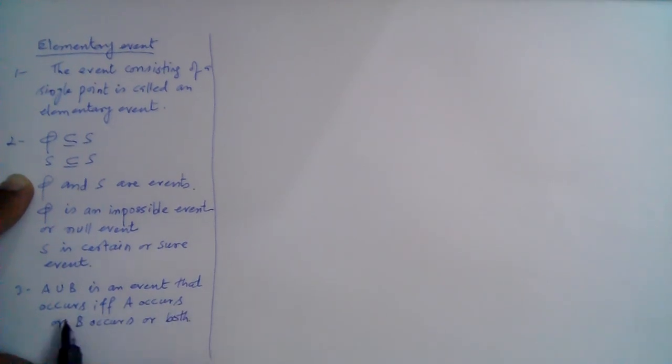So if event A occurs, or B occurs, or both occur, then we can say this is a union of these events, right? A union B.